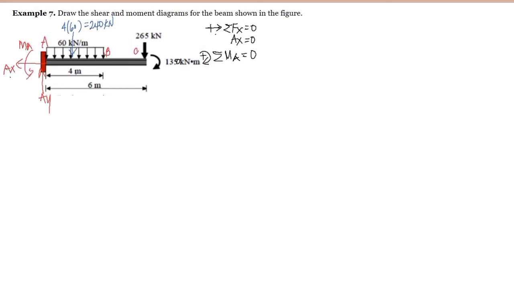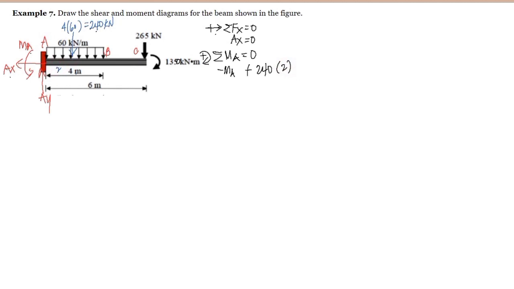Then we have the moment at A, we assume that it is counterclockwise, so that is negative. And this 240 kilonewton will rotate clockwise, so it's positive 240, multiplied with the moment arm. The moment arm is just half of this 4, so that's 2.